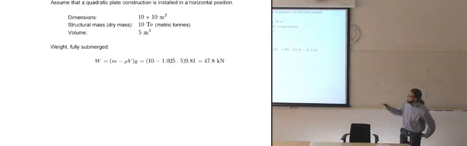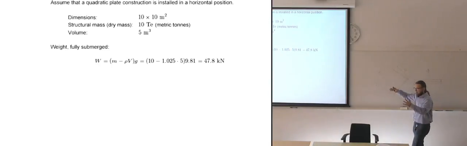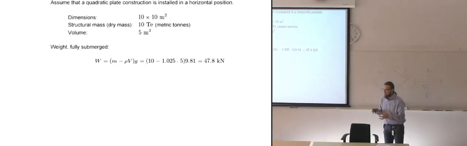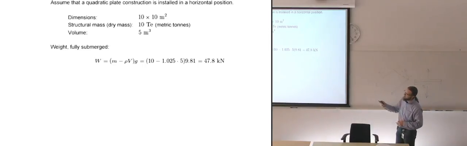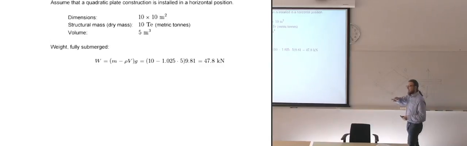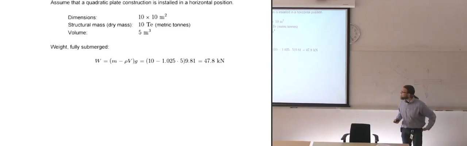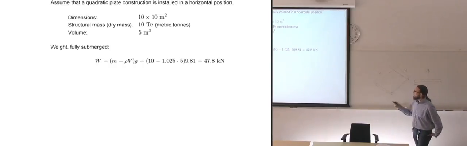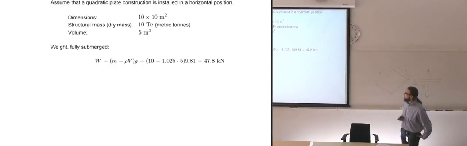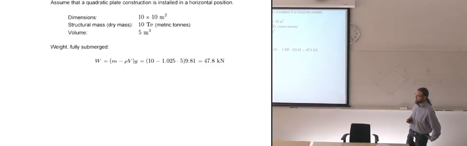And actually, it's the same with the density of seawater as it is with gravity. It changes where you are in the world. So it changes a little bit, but that 1.025 is sort of the average around the world. So you won't be far off if you use it. So then we get a weight of 47.8 kilonewtons for this one.